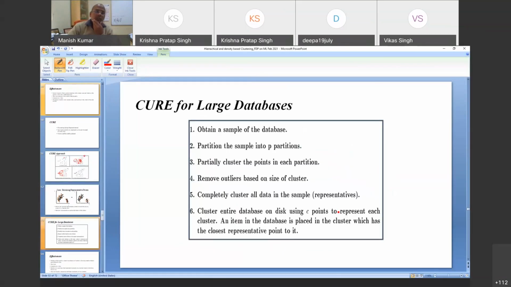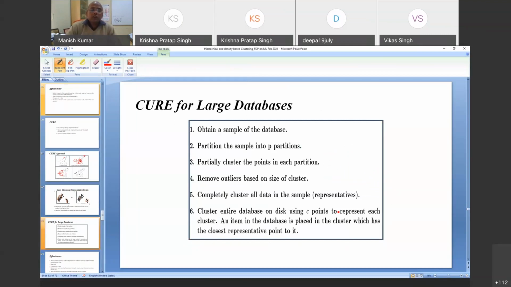As far as the algorithm is concerned, it is very simple. You just go for a sample of the data, then partition the sample into p partitions, then partially cluster the points in each partition, and remove outliers based on the size of clusters if you wish.